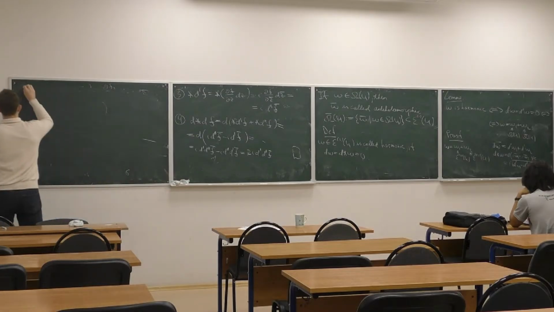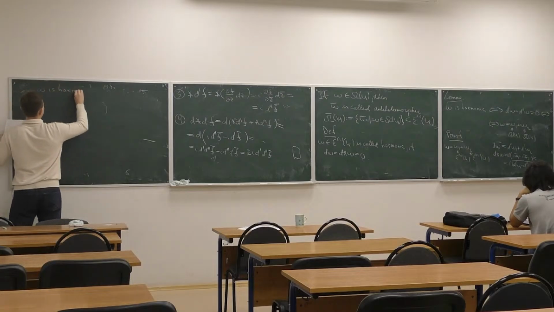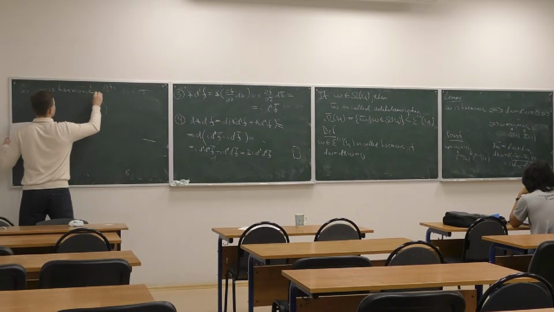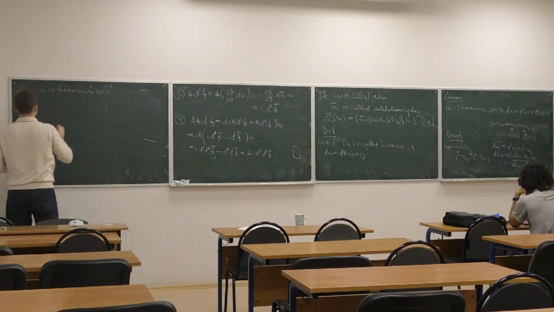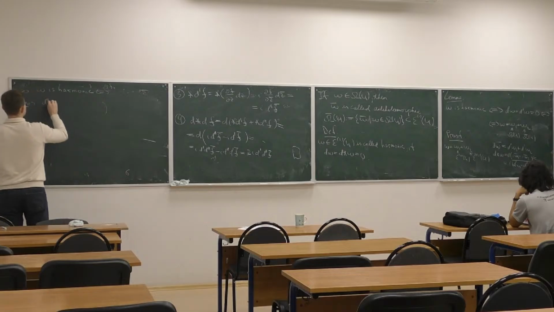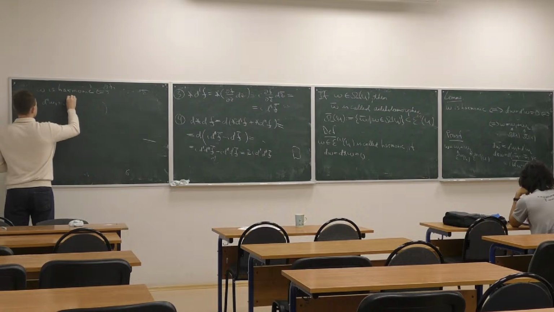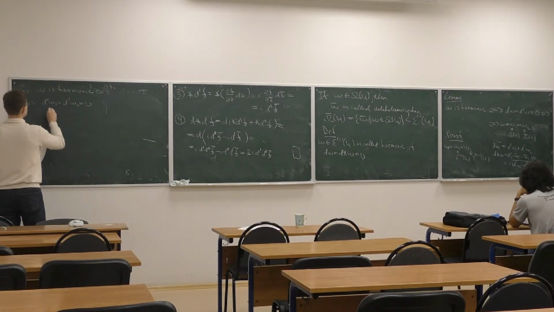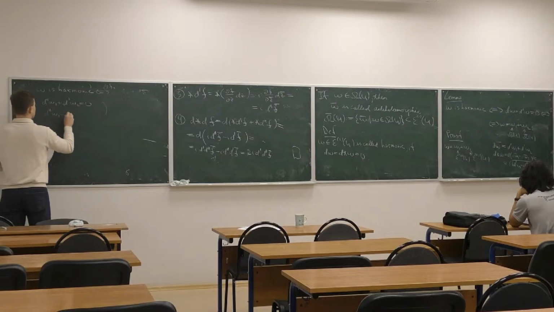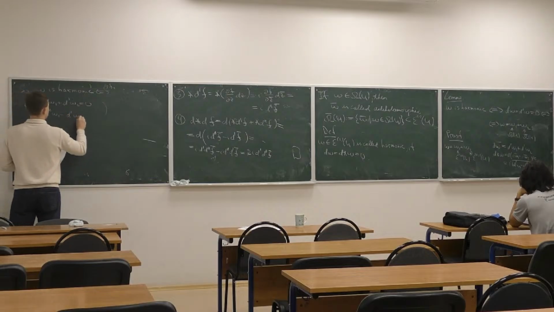So omega is harmonic is equivalent to the fact that d double prime omega 1 plus d prime omega 2 equals 0, and the difference too.